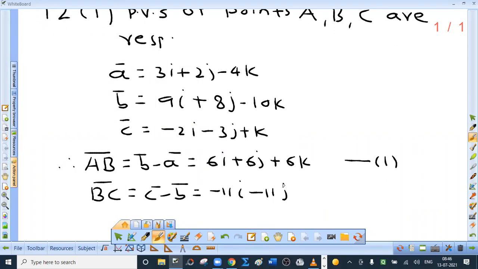I think the third part should be, just check this, minus 6k, not plus. So minus 11i cap minus 11j cap, then plus 11k cap.